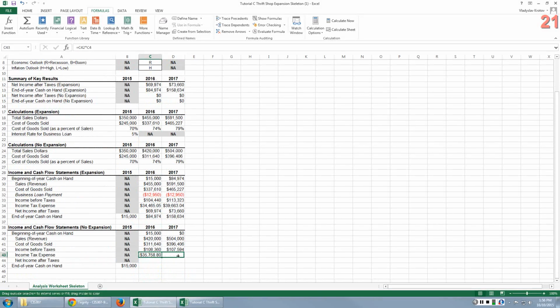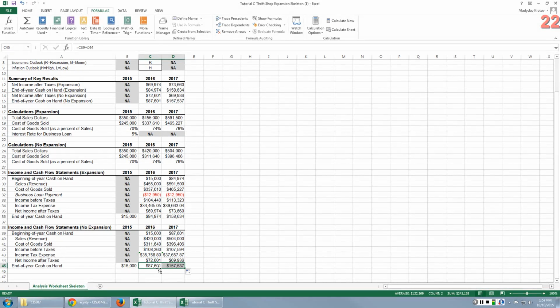Then we drag it here. Then to calculate net income after tax, we subtract tax expense from income before tax. Okay, and we just copy it here. And what is our end of year cash? Again, this is the cash in the beginning of the year plus the cash that we earned as a result of our operations right here. So this is our end of year cash, and we just copy it here.